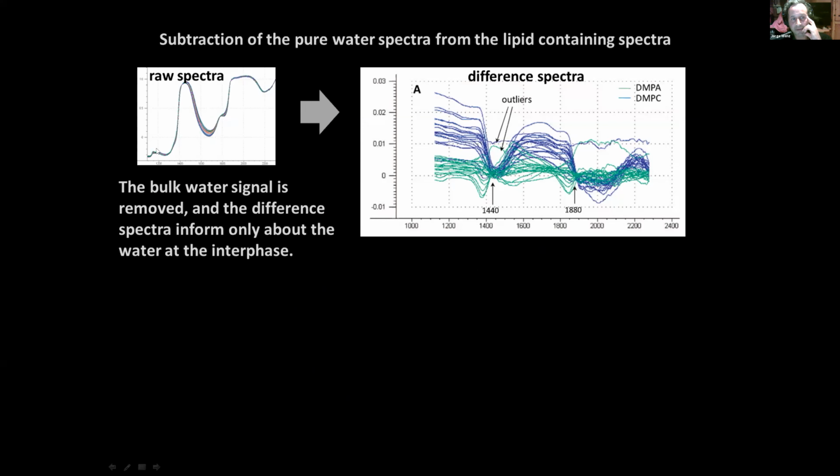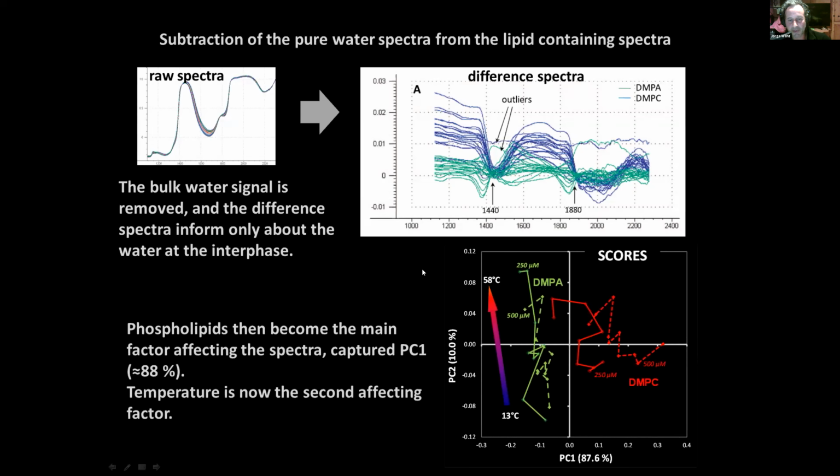After removing the corresponding pure water spectra, this is what we have, where we can clearly see that there are two populations of spectra, each corresponding to one of the lipids. What does this mean? This means that what we are seeing here is only the spectra coming from the molecules of water close to or in the neighborhood of the polar head of the phospholipid.